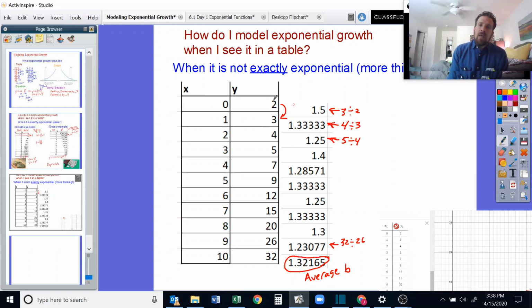And so, again, I'm still going to write my model, and I'm going to say, okay, my starting point was 2, and my scale factor is this average. I'm going to use the average of all of those multiplying factors there to the x. Now, this is the time when we have to think about what the difference is between a model equation and the actual data.